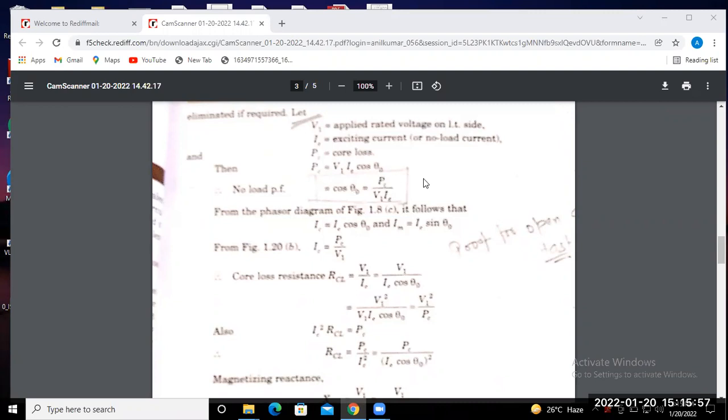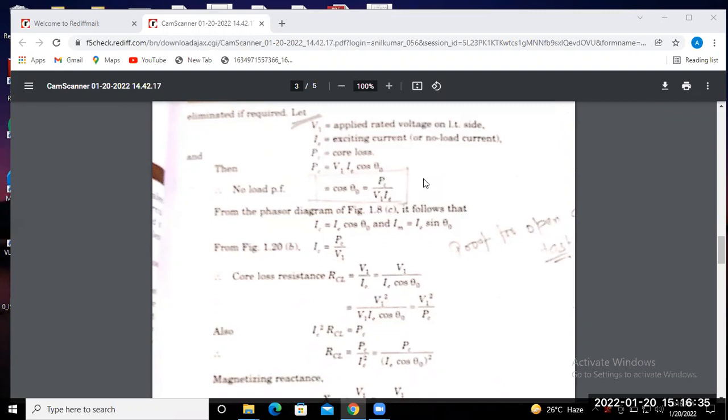What is the core loss current IC in terms of the diagram? The exciting current, that means no load current, is the vectorial summation of the core loss current plus the magnetizing current, is it not? Or from the phasor diagram, if you break it, the core loss current is represented by IC and IM along the phasor phi.